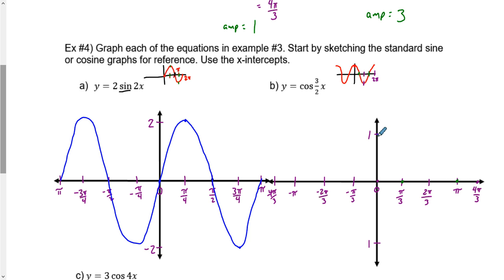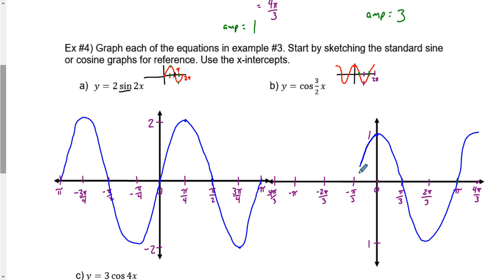It's going to start up at 1, it's going to cross the x-axis at that first point, go down to its lowest point, halfway in between its 0 and its period, come up, cross the x-axis, and then hit this highest point.